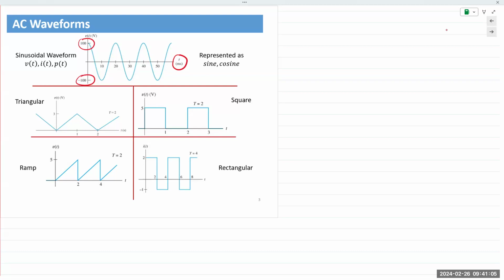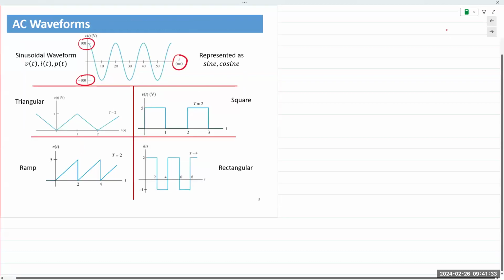And AC stands for alternating current because it alternates between a positive and negative peak. The reason is a generator rotates between magnetic poles. So when it rotates, it goes to the North Pole, South Pole, North Pole, South Pole of that magnetic field. And the current that's generated goes positive, negative, positive, negative. There are some cool YouTube videos available on the web. I'll try and bring it up next class.